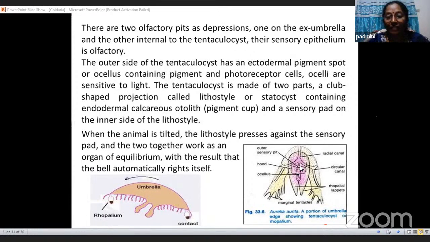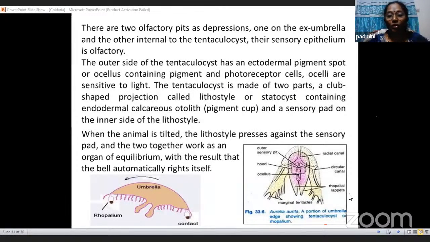And they have an outer sensory pit, and a pigment spot called ocellus. And this is the rhopalial lappet. And inside you have the tentaculocyst. So the whole structure over here is one tentaculocyst.